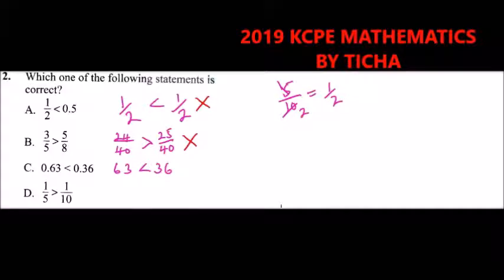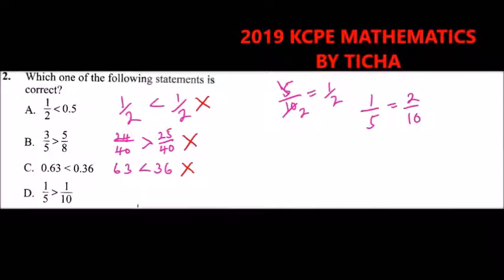So you eliminate that answer. 63 is not less than 36. It is greater than 36. So you eliminate that answer. We come to the last one. 1 over 5 is the same as 2 over 10, because when you simplify, you get 1 over 5.